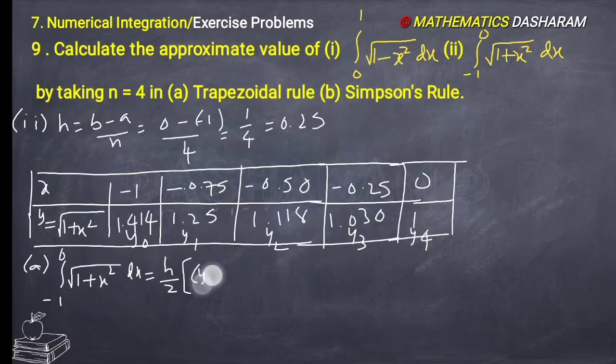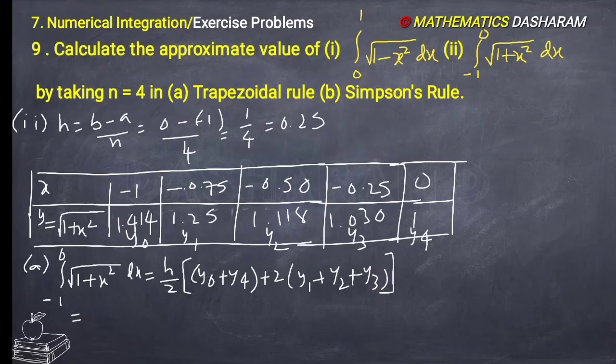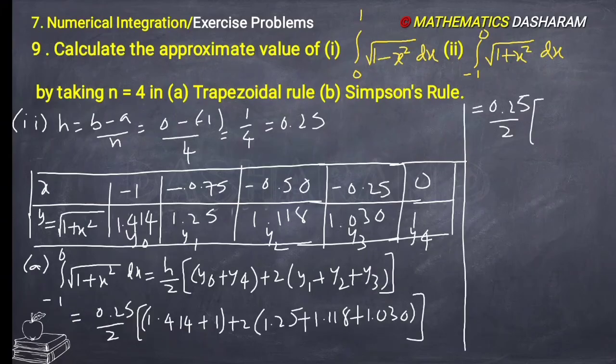So sum of the first and last ordinates plus 2 bracket of sum of the remaining ordinates y1 plus y2 plus y3. Now substitute the values in this. So it is equals to 1.414 plus 1 is 2.414 plus 2 into the addition of these three numbers is 3.398.